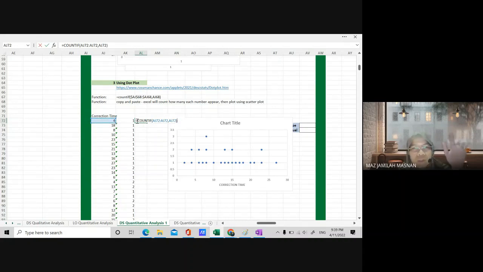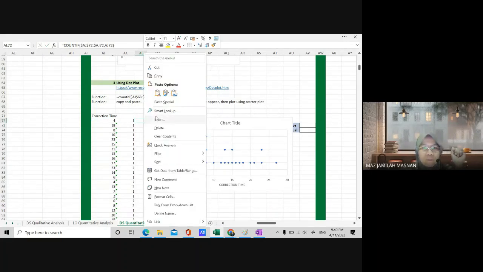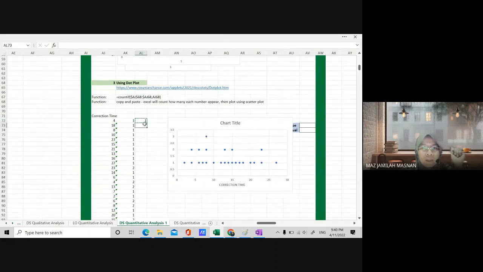But since we want to calculate for the whole set of data, you have to lock the location of the observation by putting the dollar sign. For the first one you put two dollar signs, but for the second one you only put one dollar sign. Then click enter. Then what? Copy and then paste.